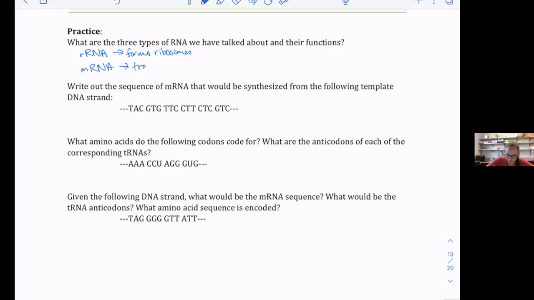So it transfers code to ribosomes. And then the last one is tRNA, and it's going to be our transport. It's going to transport amino acids for protein synthesis.